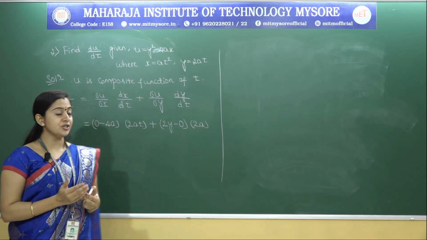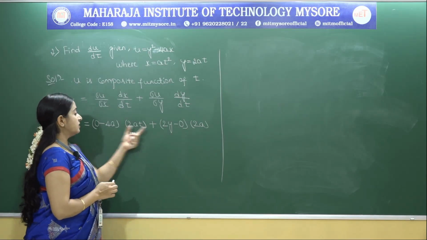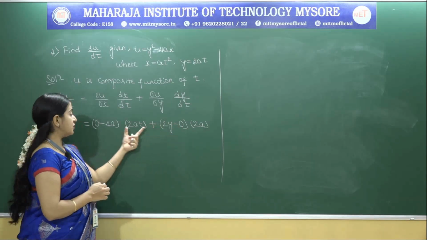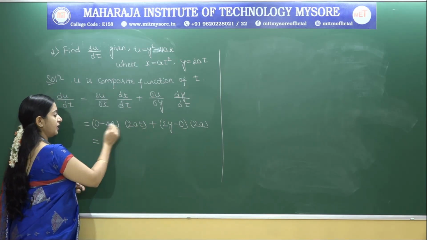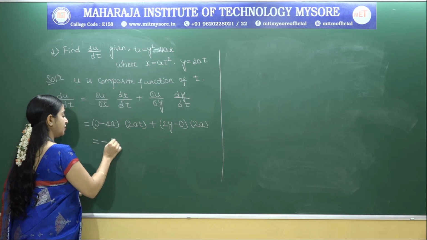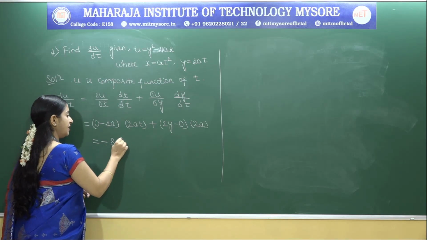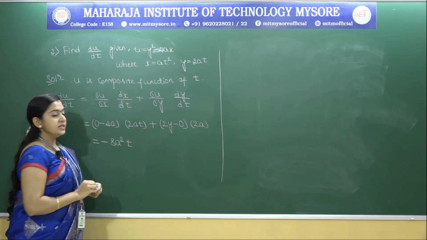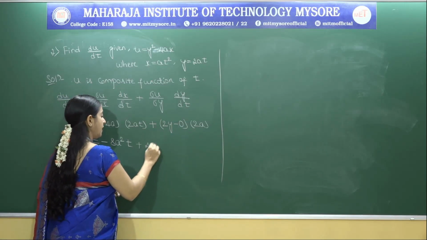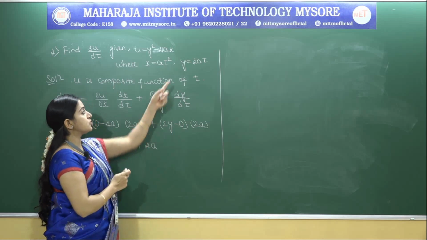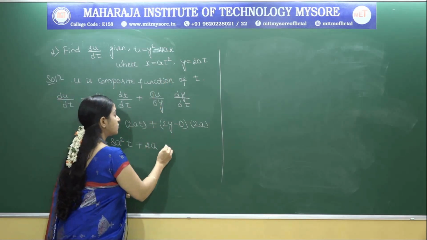So the next step is substitution. You substitute for this x and y. In the first part you don't have the x term, so you will get negative, and since you have the negative sign, minus 8a square t. In the second part, you have 2y, and you substitute the given term, 2at.